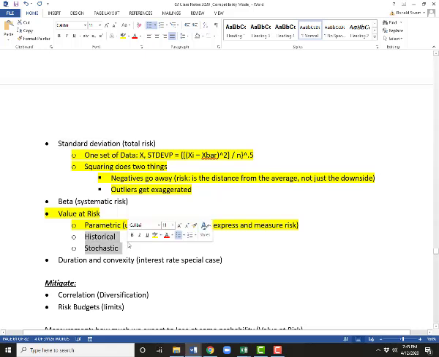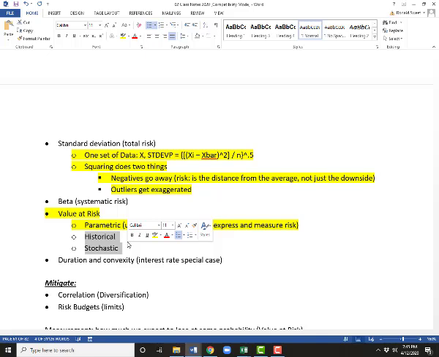Historical and stochastic value at risk, what they do is they look at several scenarios. Stochastic you can think of as Monte Carlo. So you might run 100 scenarios, 200 scenarios, and you're going to calculate your value at risk looking at those scenarios.